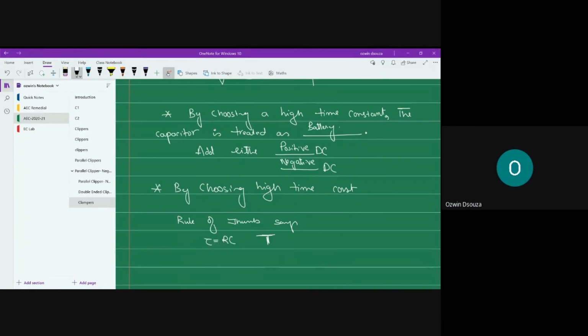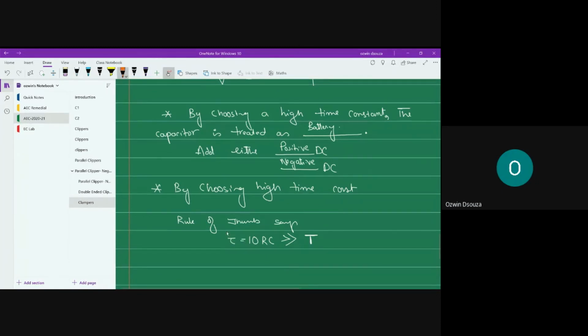Tau is equal to RC. Or rather, I put it in this way: 10 times RC should be very much greater compared to capital T. So this 10 times RC refers to tau.